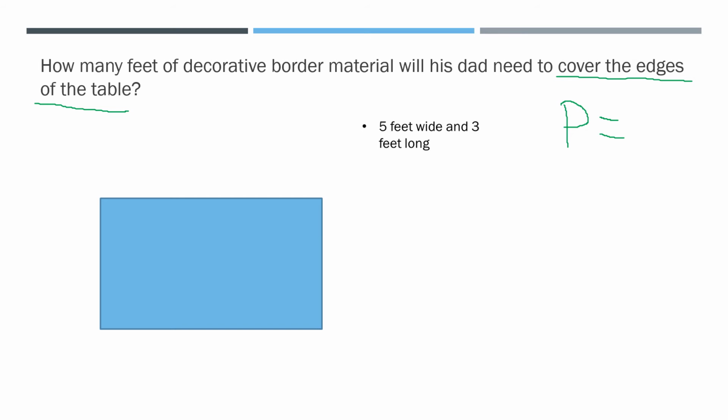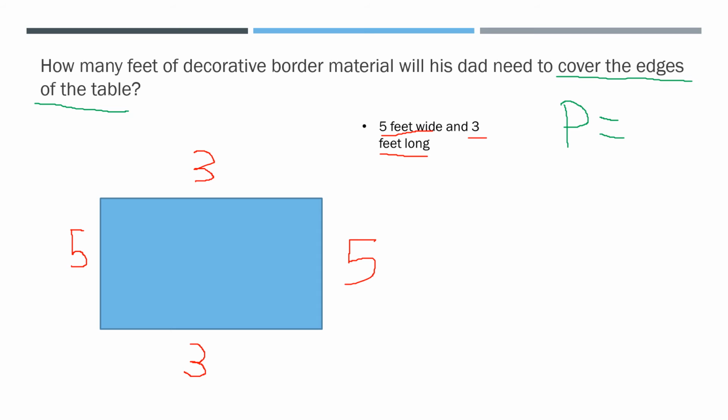Now, we have 5 feet wide and 3 feet long again for Jerry's table. So let's label our shape. We have 5 on this side for width, 5 on this side for width, 3 at the top for length, and 3 at the bottom for length. Our perimeter formula tells us to add up all the sides.